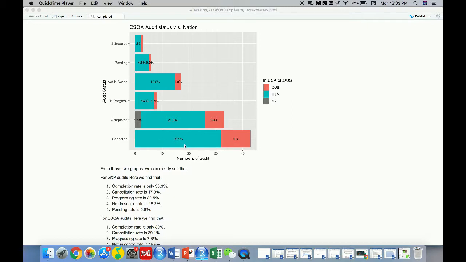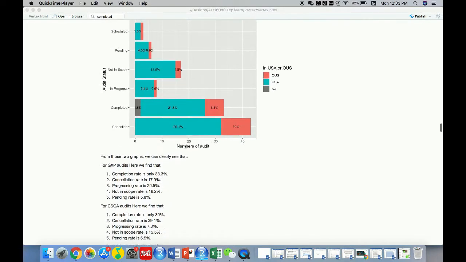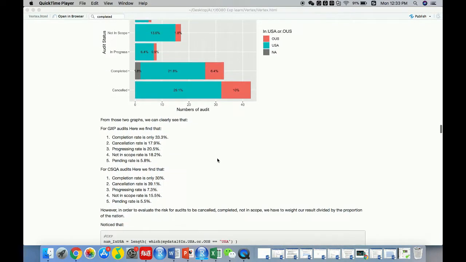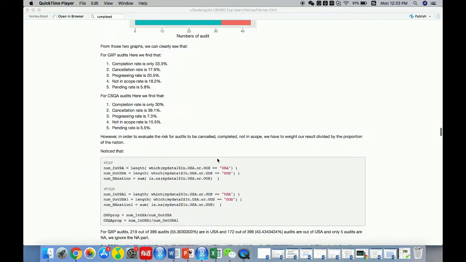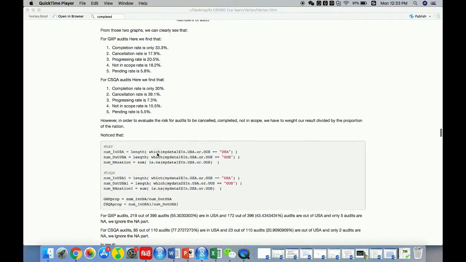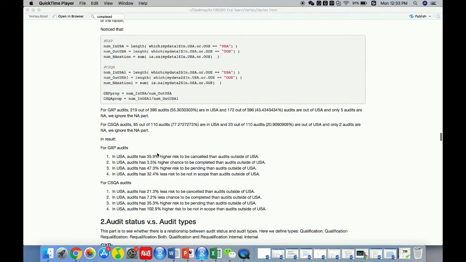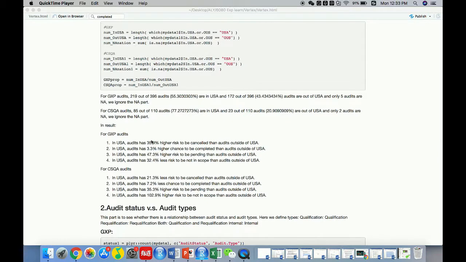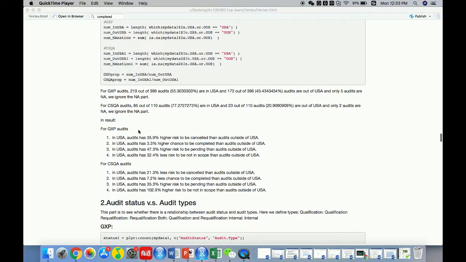To solve this problem, we have to weight them by the amount of audits. Here we divide our result by the proportion of the nation. After doing that, we can get our result for GXP audits in USA.